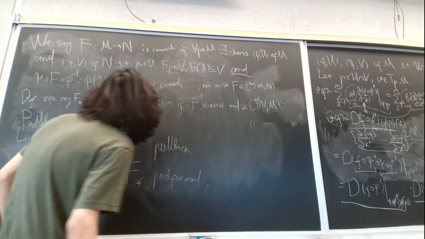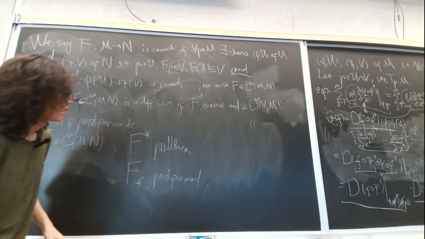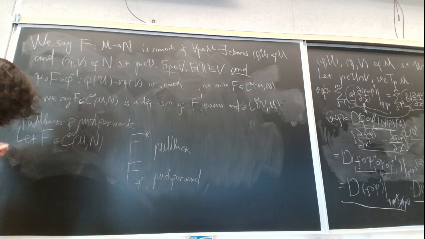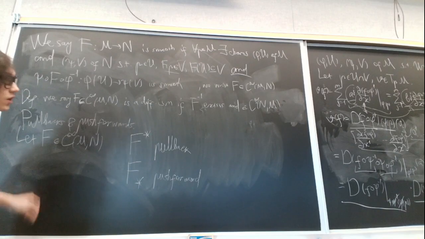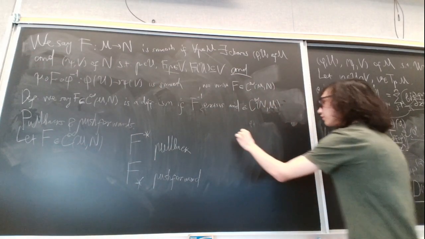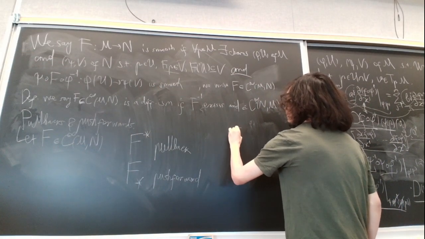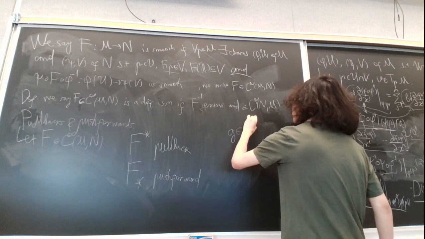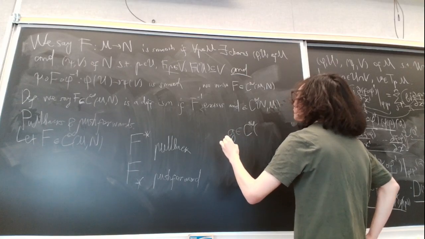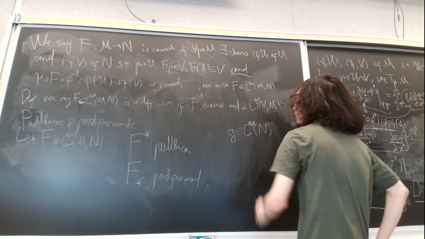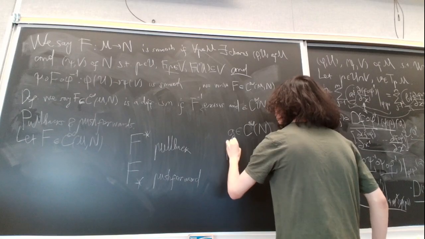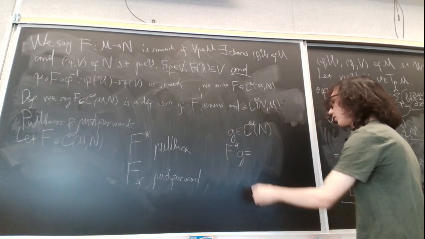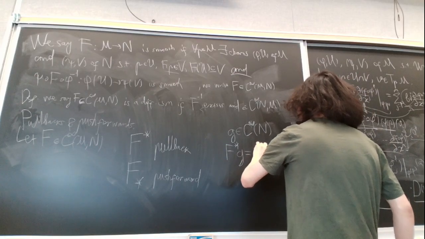And so this is defined differently for various objects. A simple example would be if I have a function. So let's say I have g belonging to C infinity of N. Then I can pull it back, and this is written f pullback of g, by composing it with f.